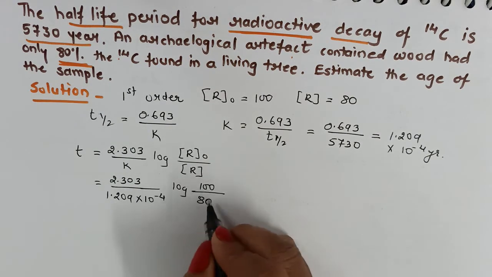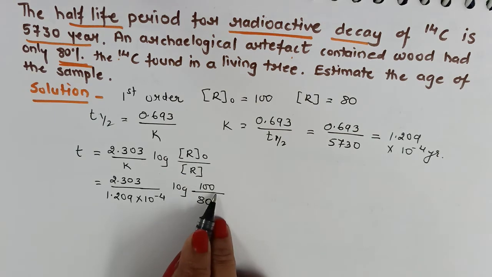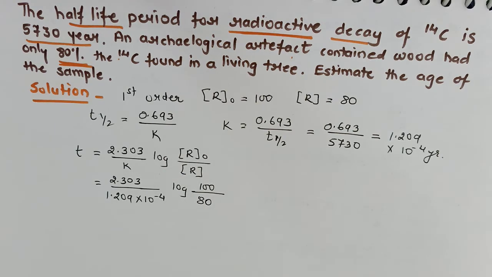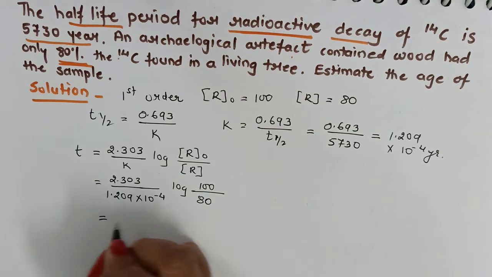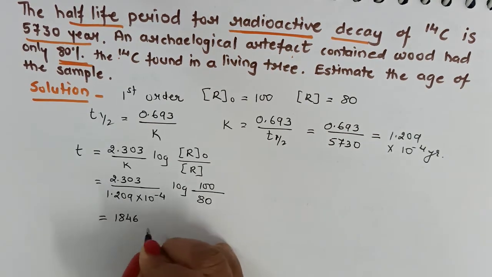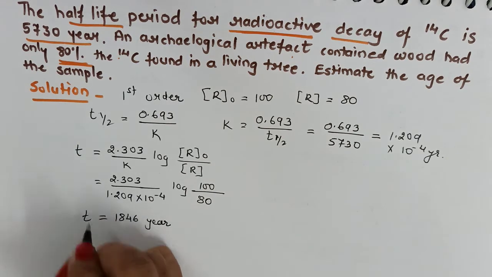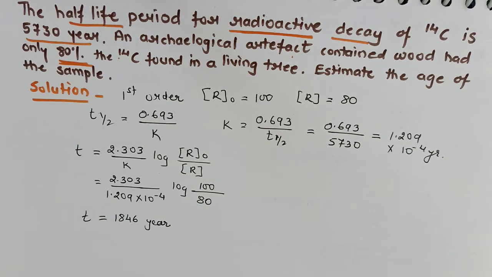Now either you can directly reduce it by dividing by 4, or you can do log 100 minus log 80, or you can simplify this factor and solve. By any way you can do the calculation, but solving this overall thing, we get the answer 1846 years. So this is your final answer. The age of the sample is 1846 years.